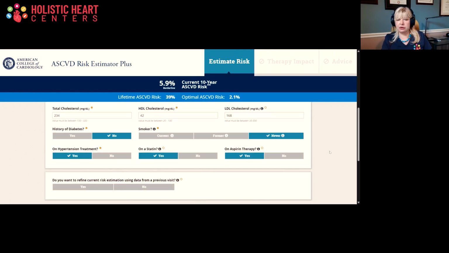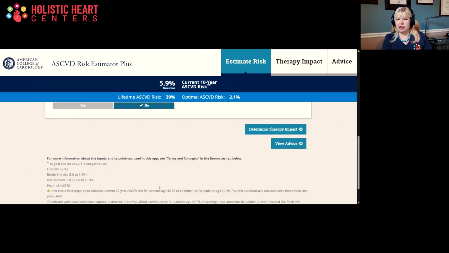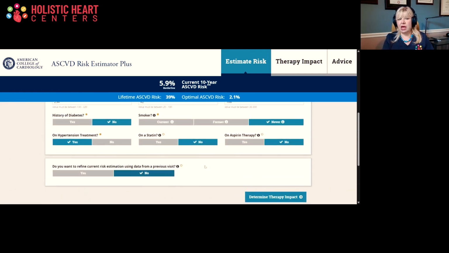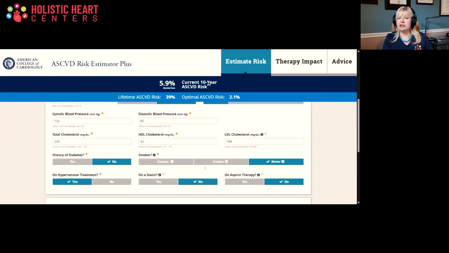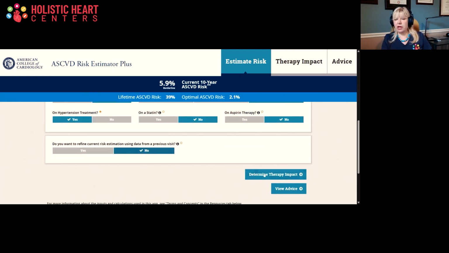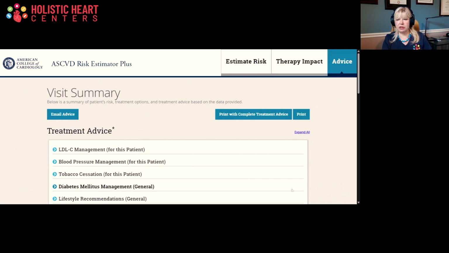Let's assume the patient doesn't want to be on a statin drug. This is a very common scenario. No, she's not on therapies, and no, we're not running any comparisons. You can see here that, even though her numbers are not particularly newsworthy, she is in that intermediate risk group, and we can view the advice this particular patient will be receiving.